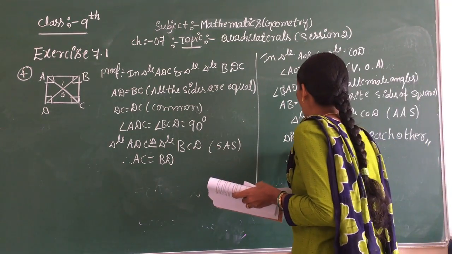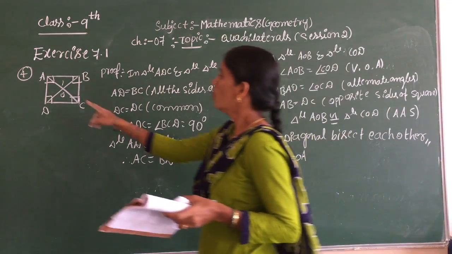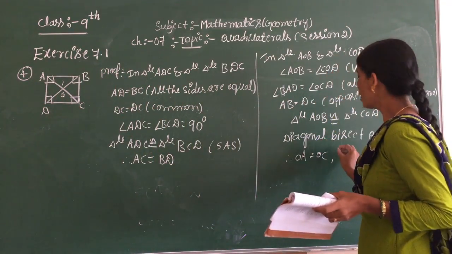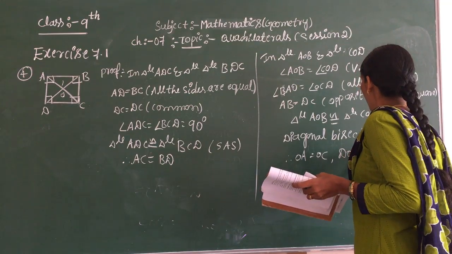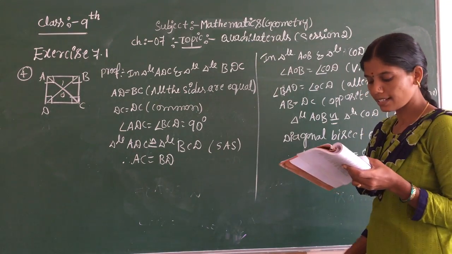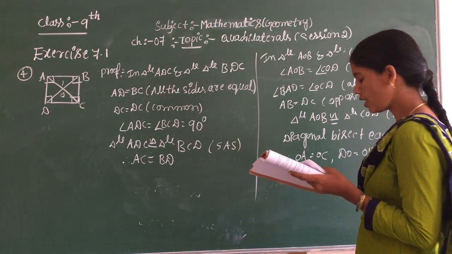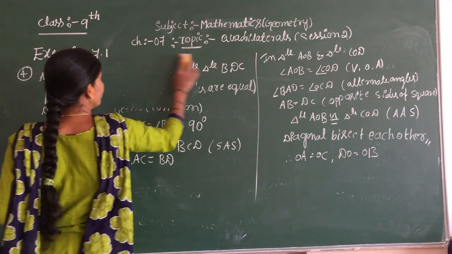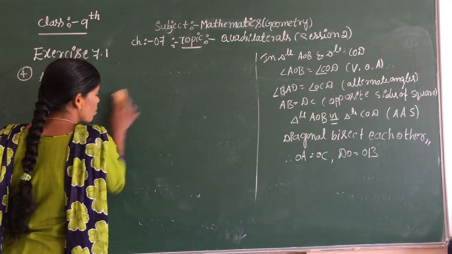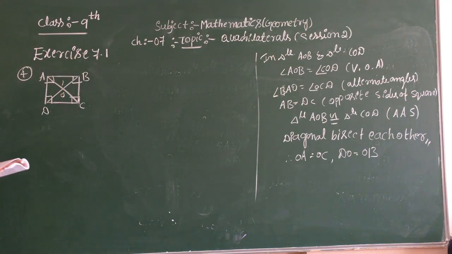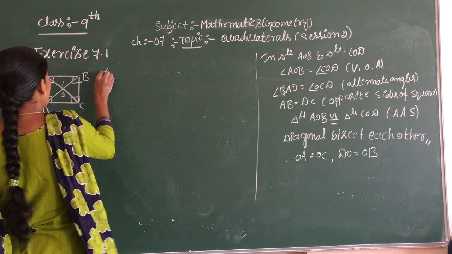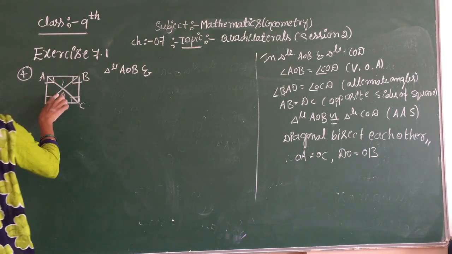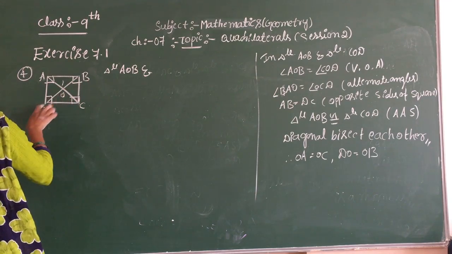Therefore, OA is equal to OC and DO is equal to OB. This is the bisecting point. Now next, in triangle, which one should we compare? Say that, children. So in triangle AOB and triangle COD.